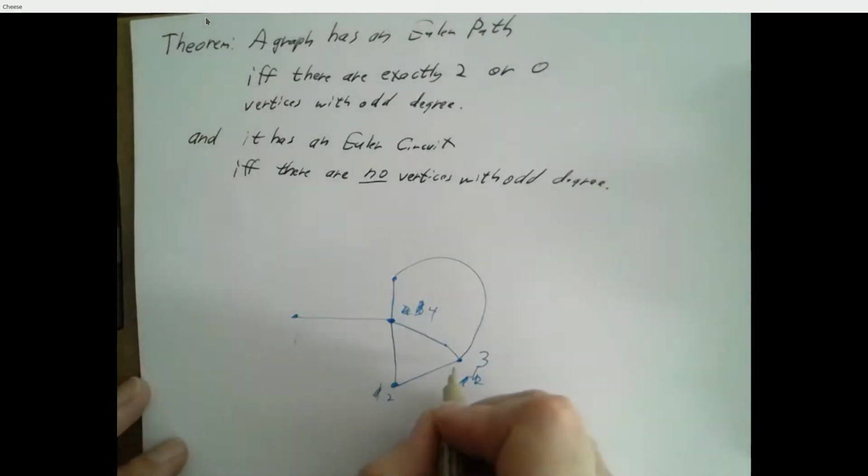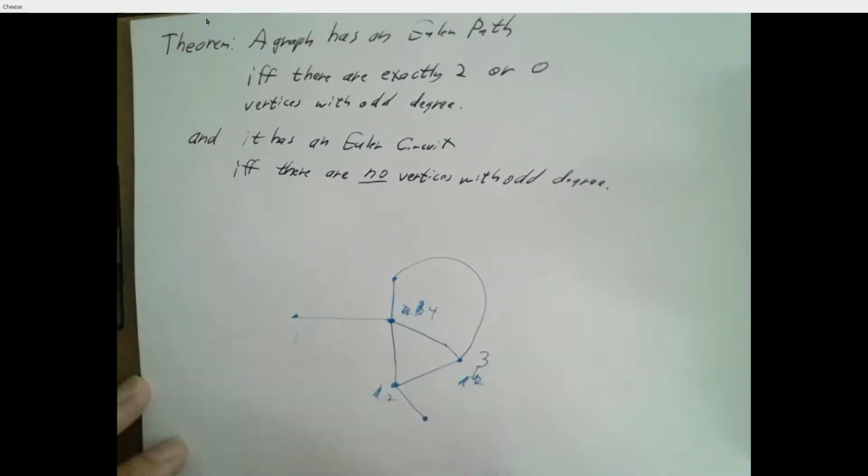But if I have more than 2 vertices with odd degree, basically you got to start at a vertex with odd degree, and you got to end at a vertex with odd degree. All right, that's a really weak hand wavy explanation, but play around with it, ask questions about it.